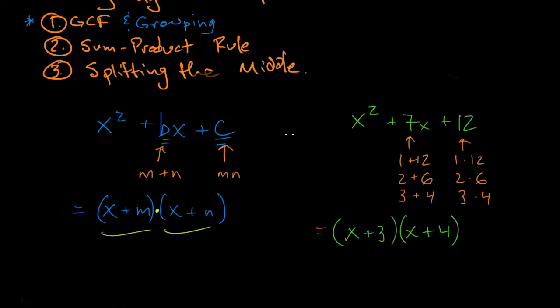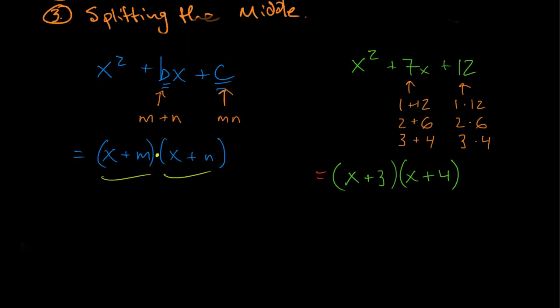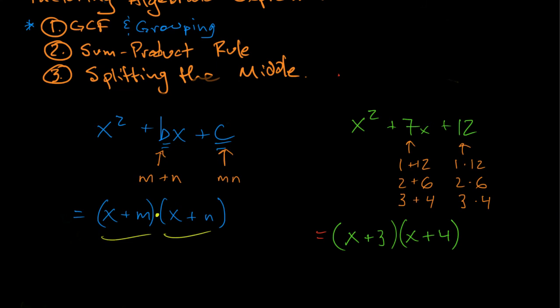Let's do another example. To factor this expression, I need to find two numbers that multiply to 2 and add to negative 3. Well, before I start guessing, it might help for me to think a little bit about what m and n have to be, if they're positive or negative.